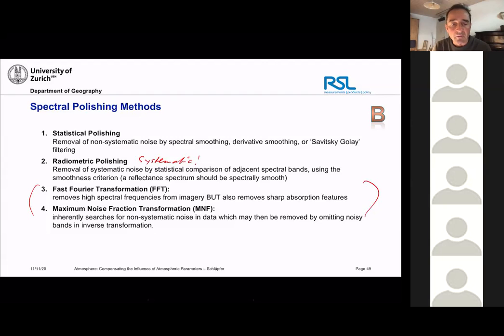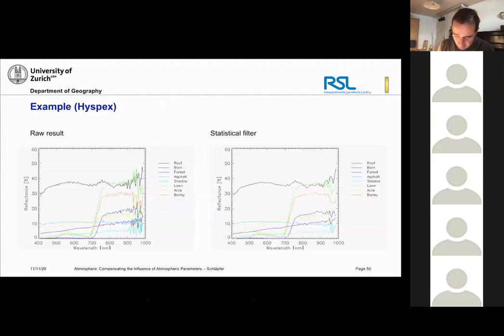So that's why I think we won't work with those now, and I guess you can easily forget about these other two options. So here is an example of what you get with a statistical filter, from left to right. There's a lot of variation in the water vapor band before correction, and after smoothing, you can get rid of that.